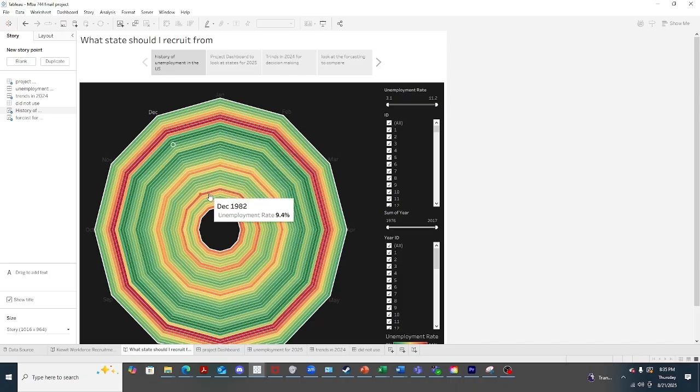Now with this right here, you can see I really like the spiral, so I used the spiral, but it goes all the way up to 2017, and it also goes per month, and it goes from 1976. The reason is so that when you're going through the other stuff, you can double check the unemployment rate for all of the US based upon that date.